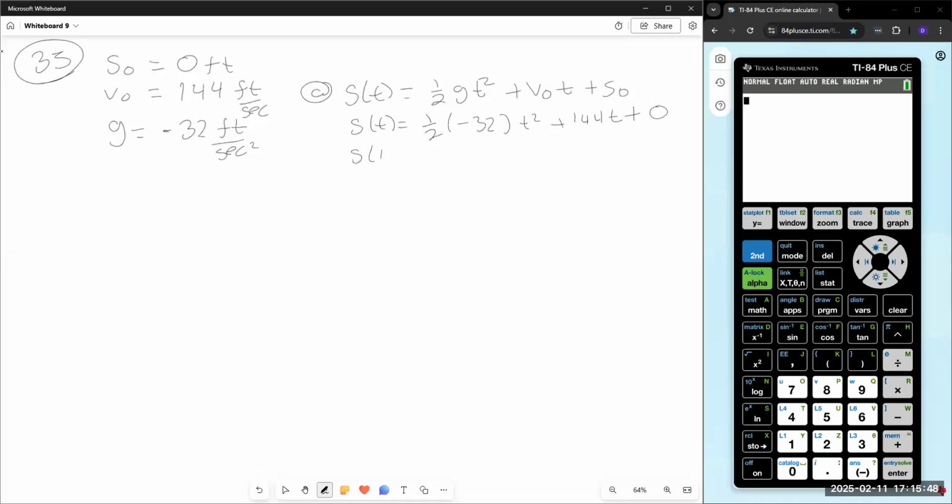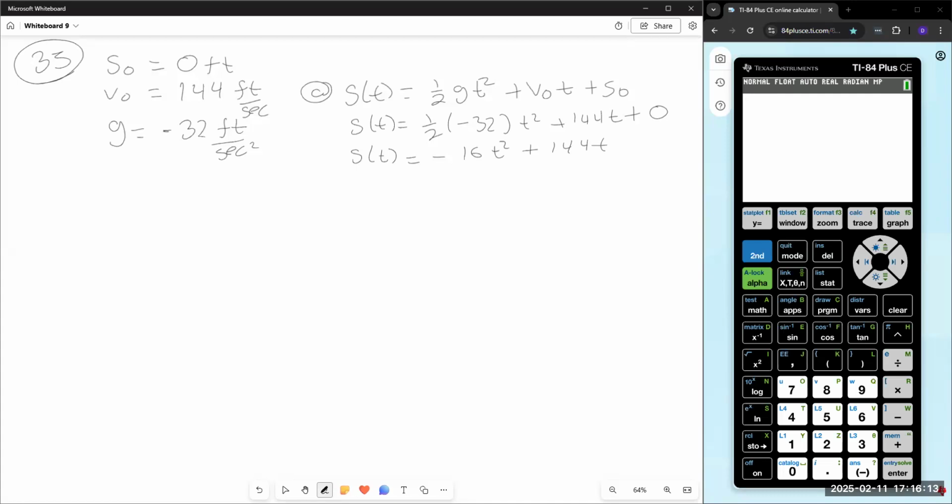S of t is negative 16 t squared plus 144 t. And then we want to find the height and velocity at t equal to 3.